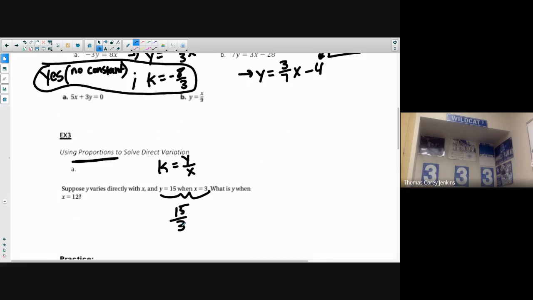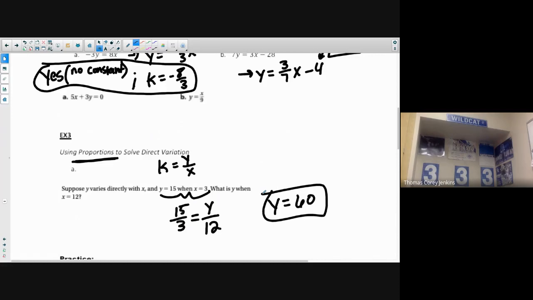You want to leave it as a fraction, and then we want to set it equal to y, which we don't know, when x equals 12. Now remember how to solve this. The easiest way is to say we can see that 3 times 4 equals 12. So 15 times 4 equals y, and 15 times 4 is 60.